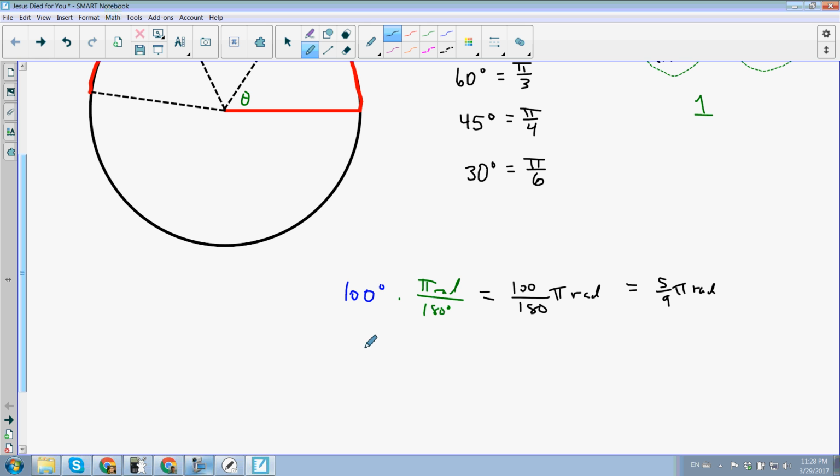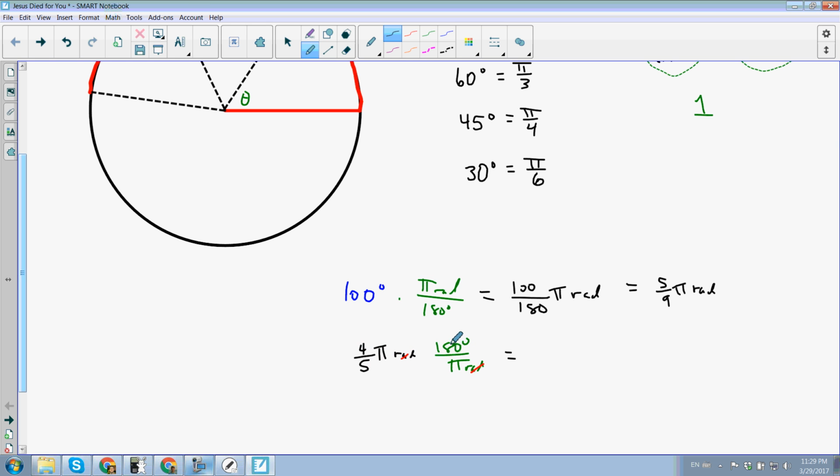Vice versa, if you wanted to convert, say, 4/5 pi radians into degrees, you would just multiply by 180 degrees over pi radians. And the radians would cancel out. And you'd be left with 4/5 times, and also the pi's would cancel out, as you see.